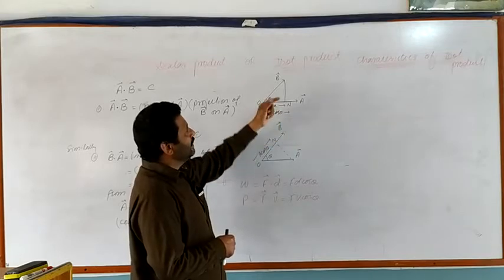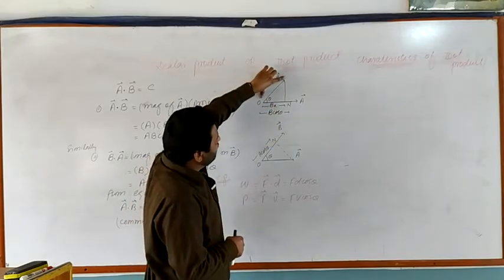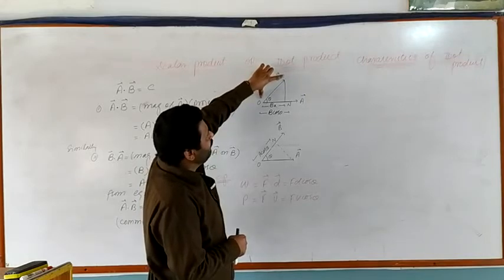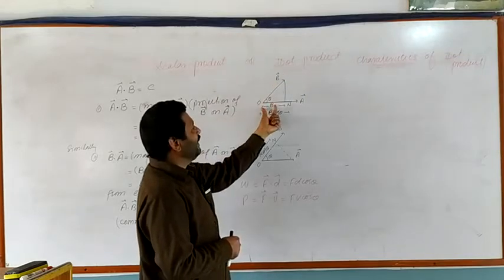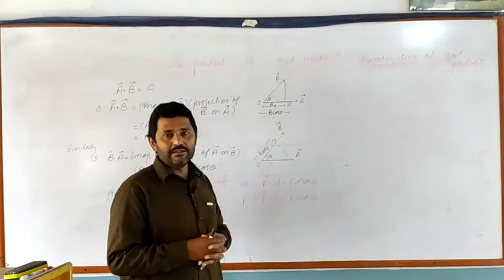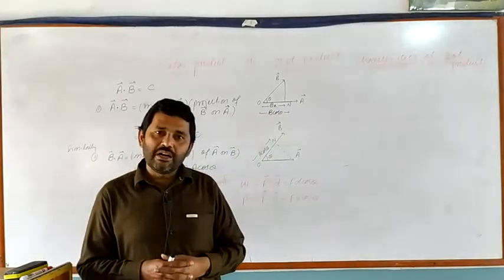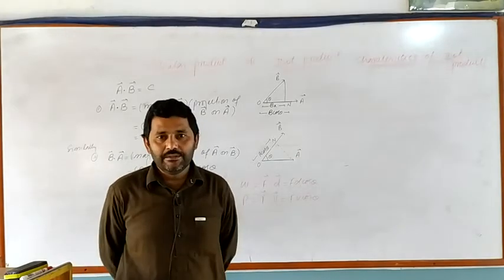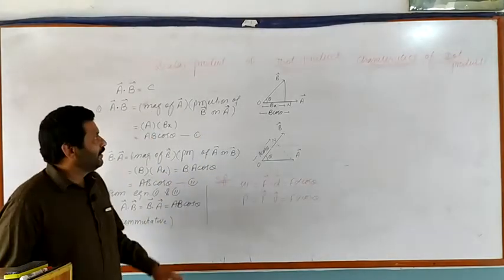B cos theta is the projection of vector B on vector A. The distance from O to N, which is equal to Bx, is the projection of vector B on vector A.